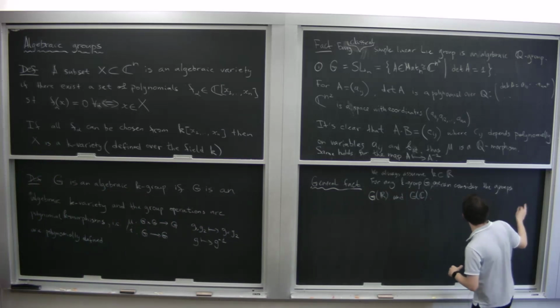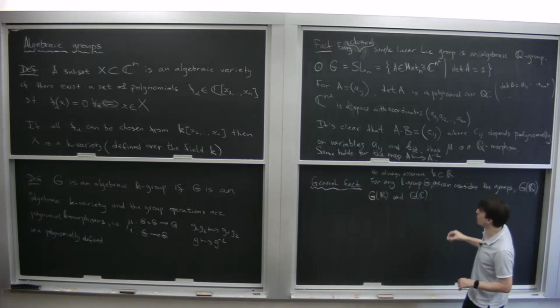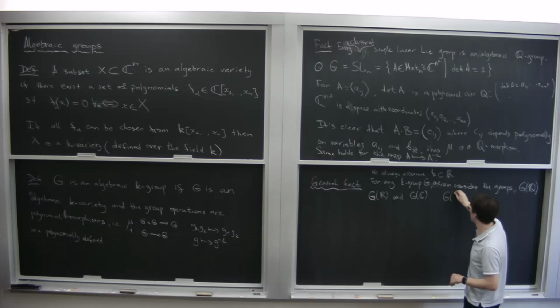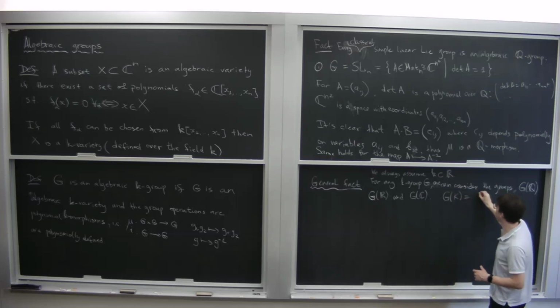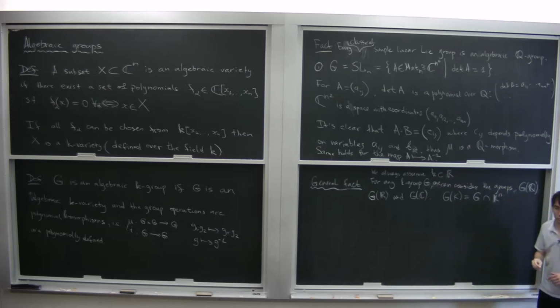I will even include G of Q. And we obtain them as follows. We basically take G of any K as the intersection of G with the space K^n, right?